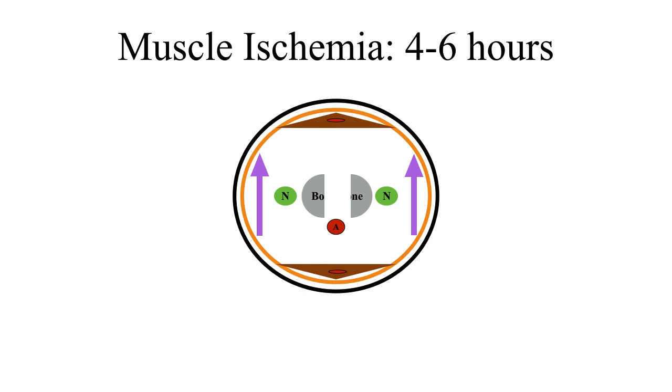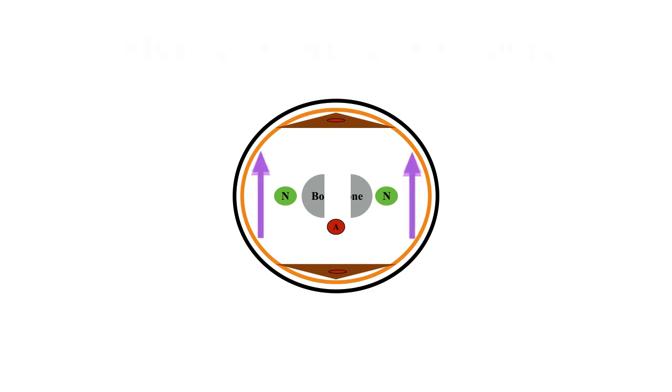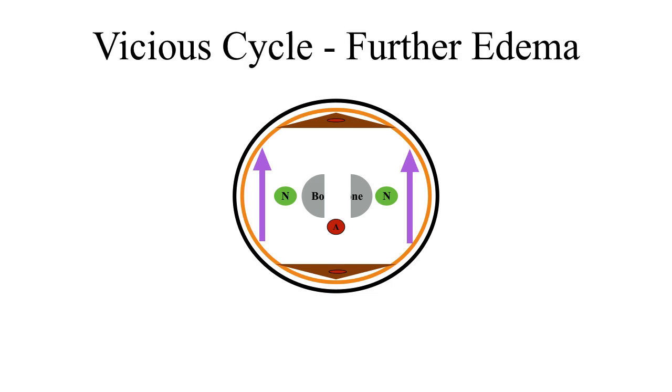Once the muscle necrosis happens, this muscle necrosis further causes inflammation, and this inflammation further increases the pressure, and thus it becomes a vicious cycle. That is, further muscle necrosis, further edema, and further increase in the osteofascial compartment pressure, and the compartment syndrome becomes worse.